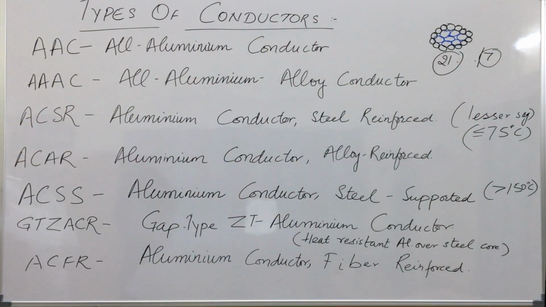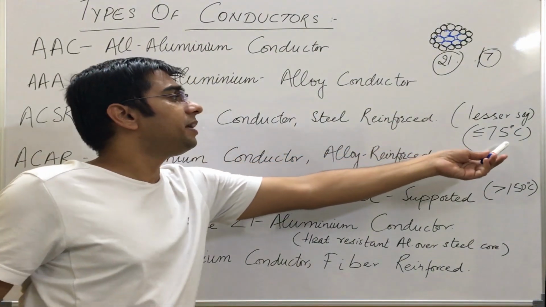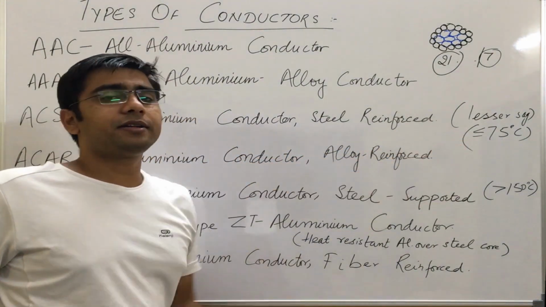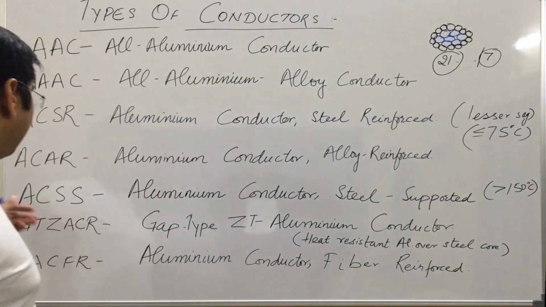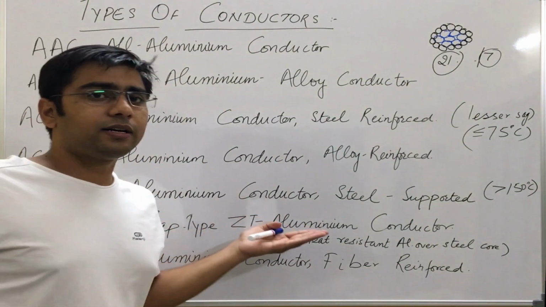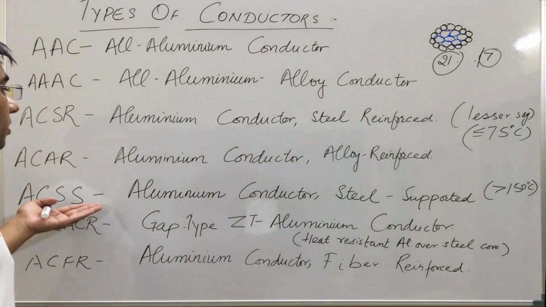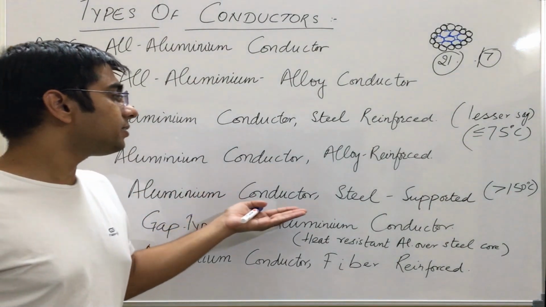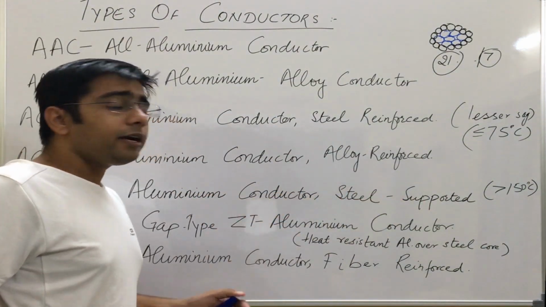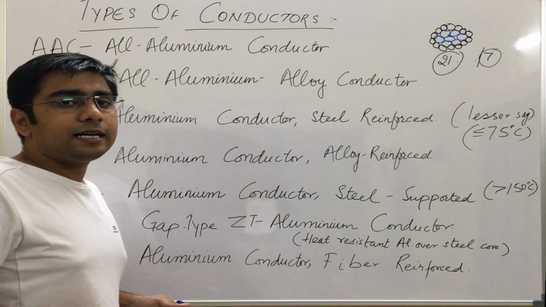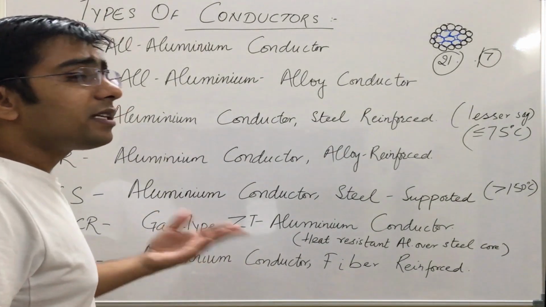Next came, because of this limitation of working up to 75 degrees Celsius only, a new conductor called ACSS, that is aluminum conductor steel supported. It could work beyond 150 degrees Celsius. What was the change in it?